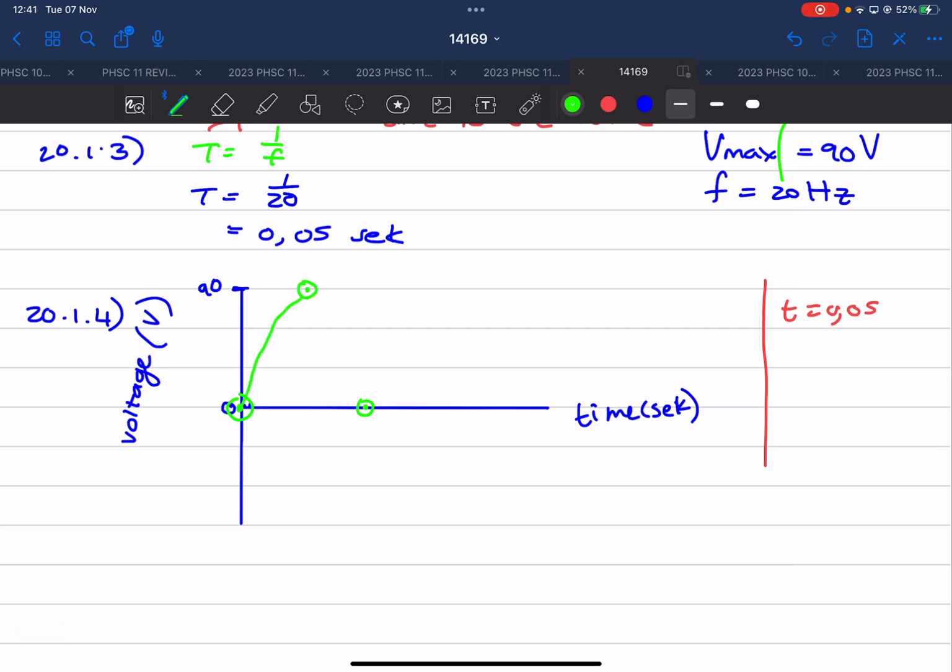Dan gaan hy horisontaal, dan gaan hy vertikaal en dan gaan hy weer. Vertikaal, horisontaal. Vertikaal, horisontaal, vertikaal. So, hy gaan nie in die helfte van 0,5 nee. So, een volle rotasie is daar 0,05 sekondes.